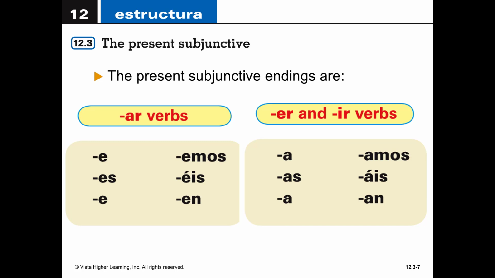For example, que yo hable, que tú hables, que él hable, que nosotros hablemos, vosotros habléis y ellos hablen. For er and ir, for example, comer: coma, comas, coma, comamos, comáis, coman. Also escribir, for example: escriba, escribas, escriba, escribamos, escribáis, y escriban.